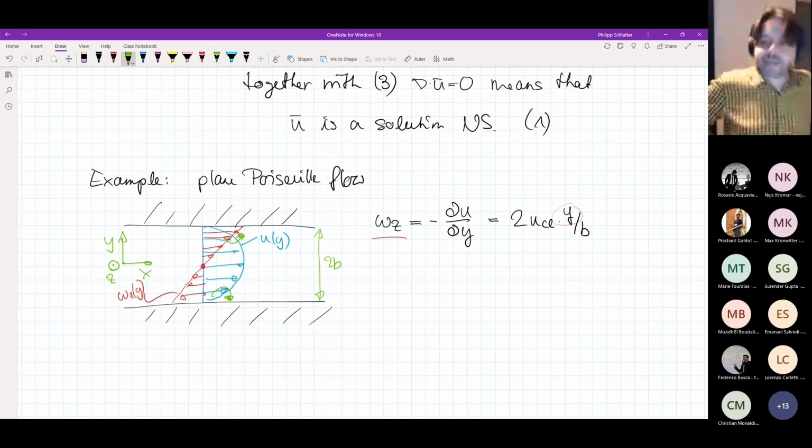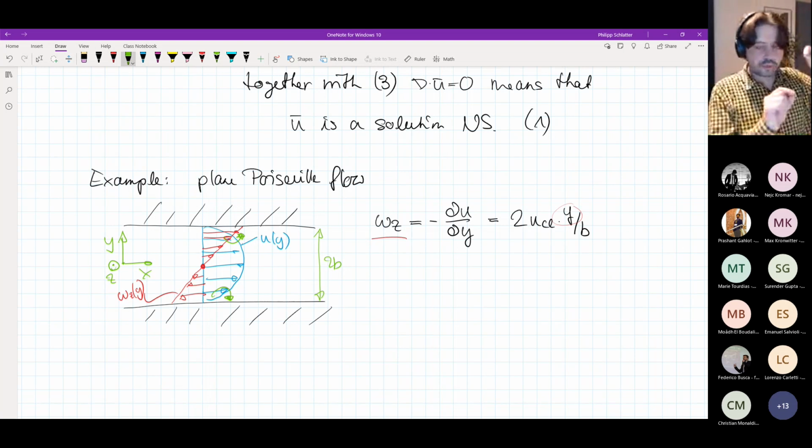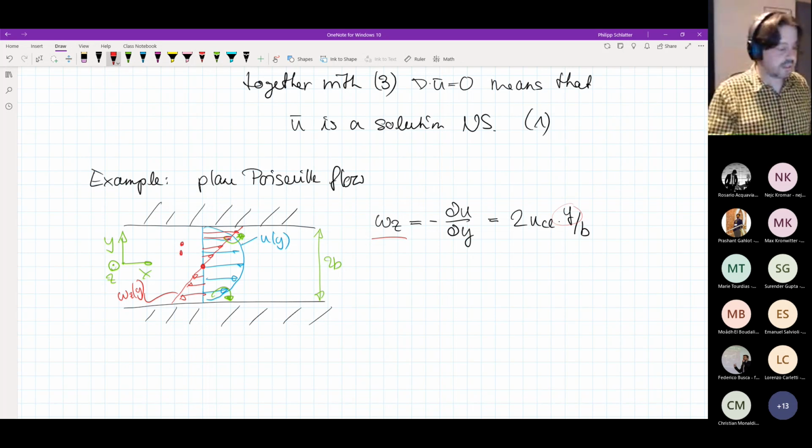Now, why is this the case? Again, think physically. Let's assume we have two fluid particles in this shear flow, in this plane Poiseuille flow, just next to each other at slightly different y positions. Maybe one here and one here. A little bit later, it turns out that the one that was a little bit closer to the center was traveling a bit faster.